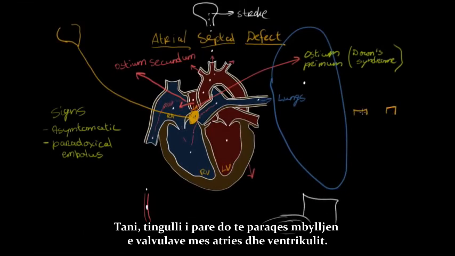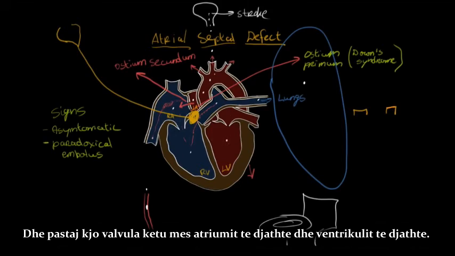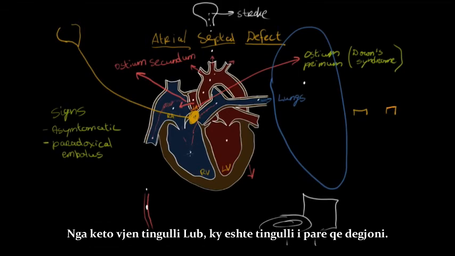Now this first sound is going to represent the closing of the valves between the atria and the ventricle. So this valve right here between the left atrium and left ventricle, and then this valve over here between the right atrium and the right ventricle. That's the lub sound. That's this first sound that you hear.